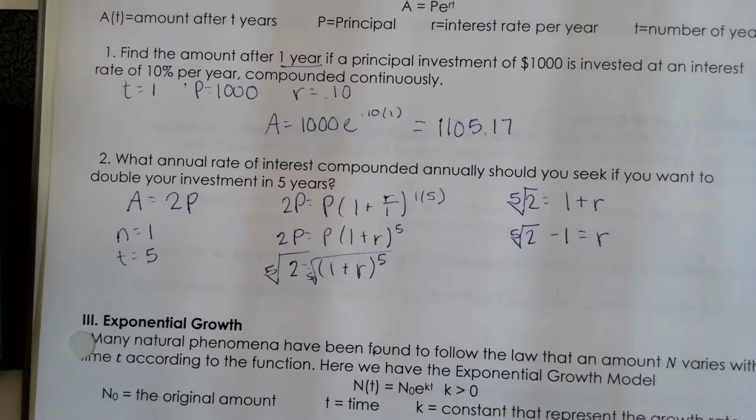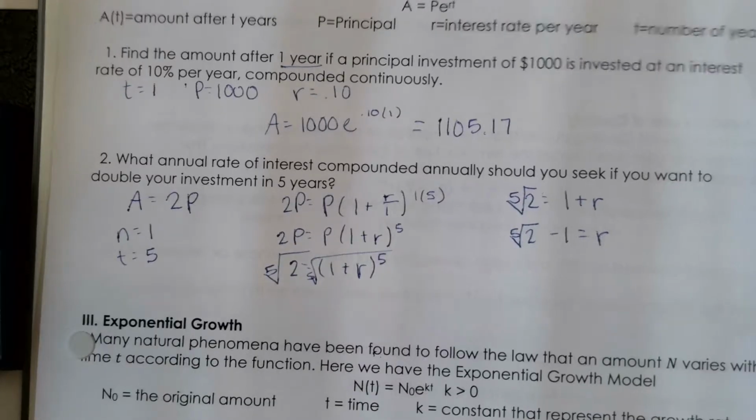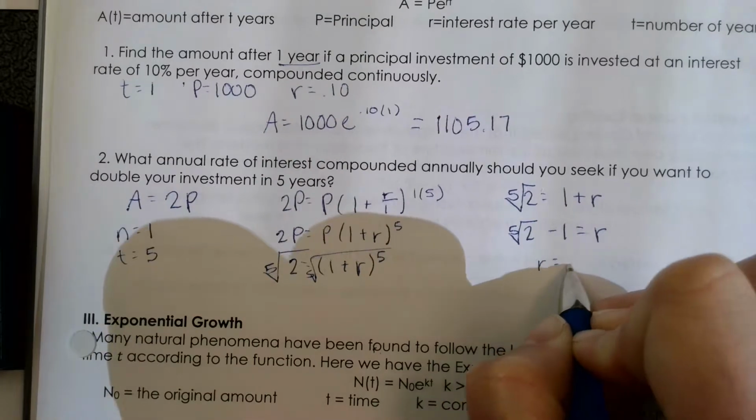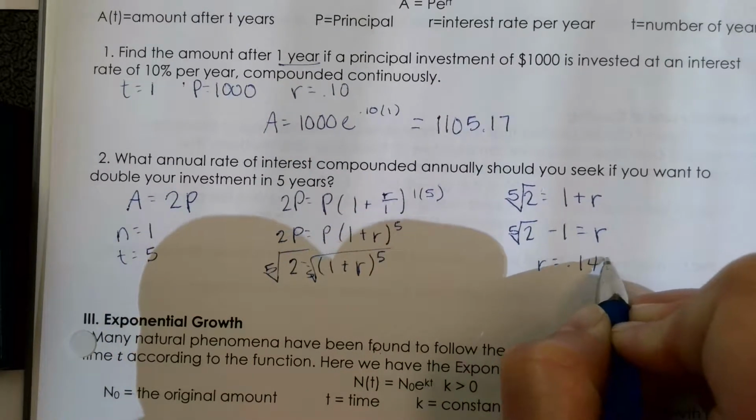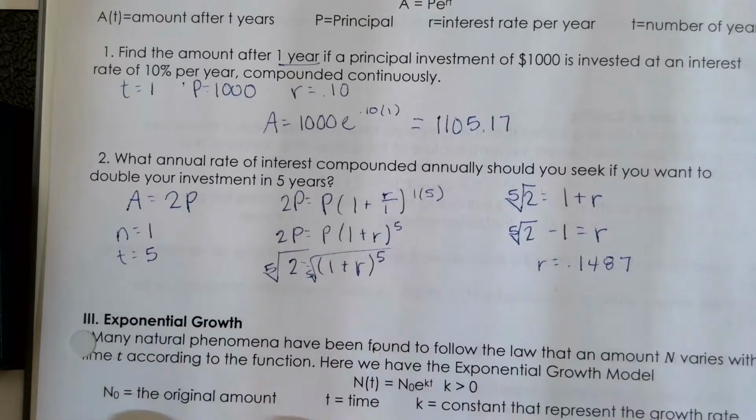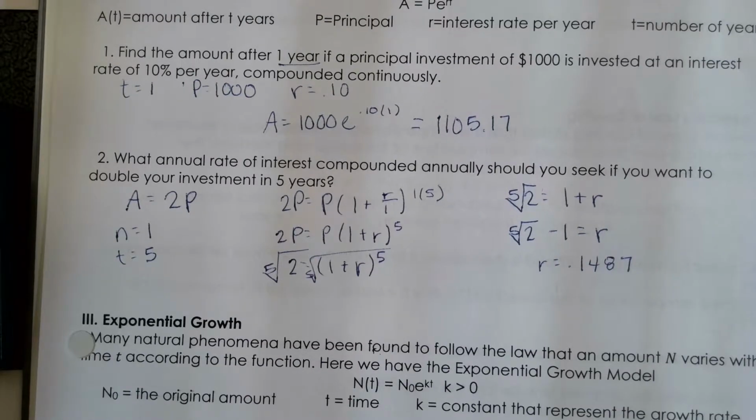Do we know how to do the 5th root on your calculator? We'll go 4. So R is 0.1487. And typically they give you that rate as a percent, so let's convert that to a percent, and what would we have?